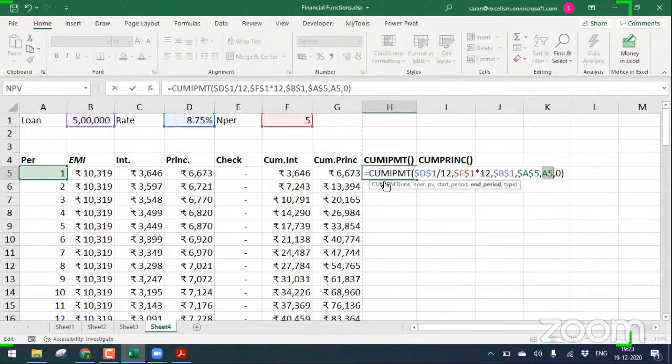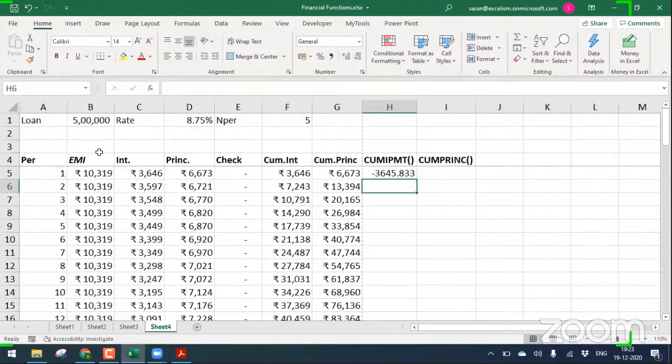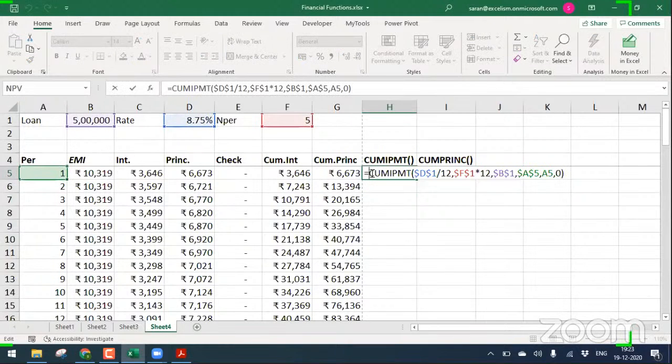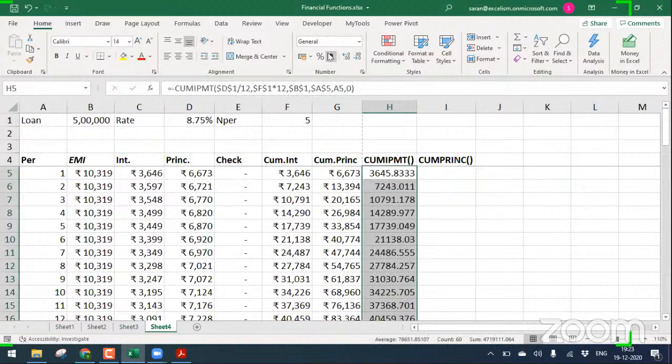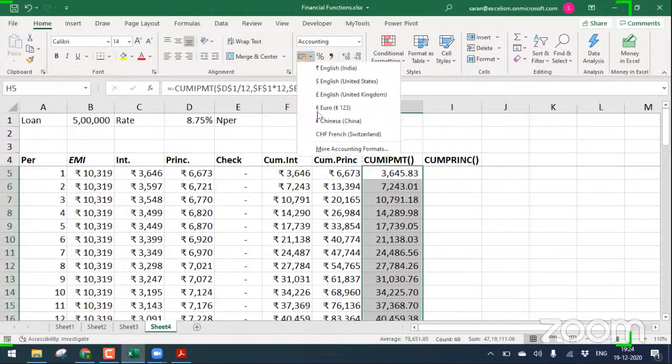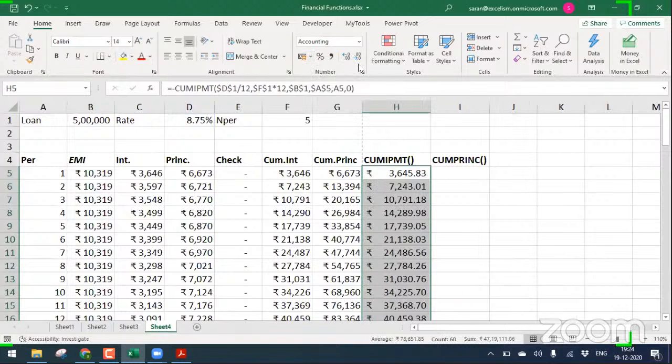When I copy this formula and paste here, it's going to calculate the interest from the first period till the 4th period because my starting period is the same, and the ending period is elastic. So I can start with minus because it's giving me a negative value. Let me copy this and paste below. Wow, it has given me the same answer. If anyone has any question, please let me know.